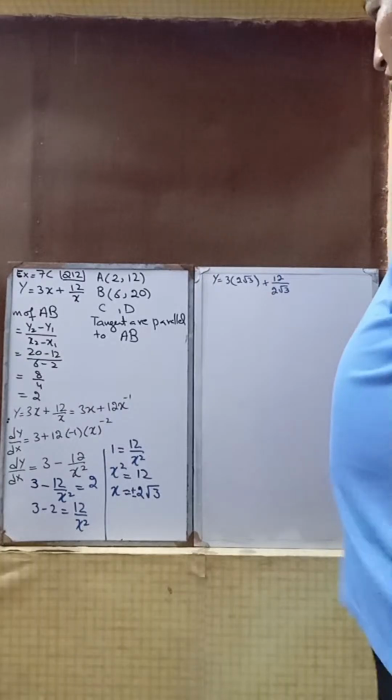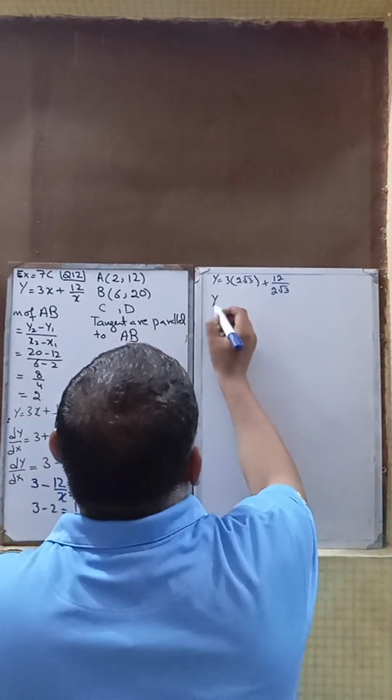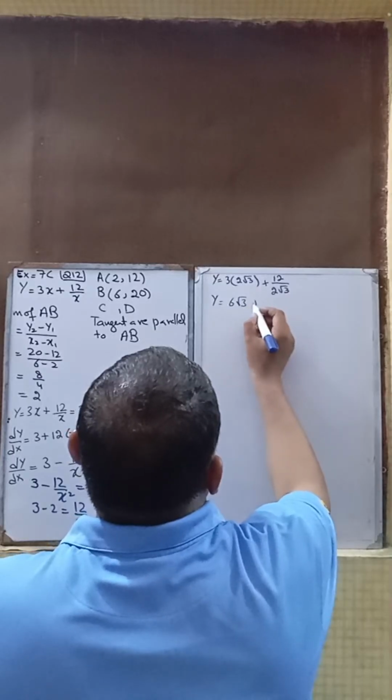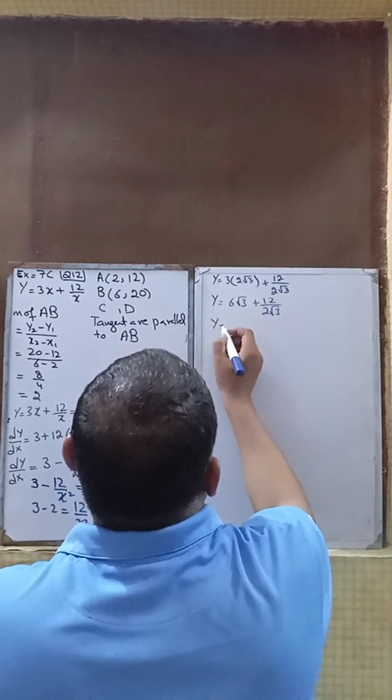Let me find the answer. y will be equal to 6√3 plus 12 divided by 2√3.